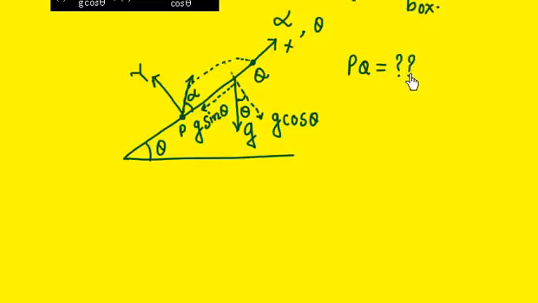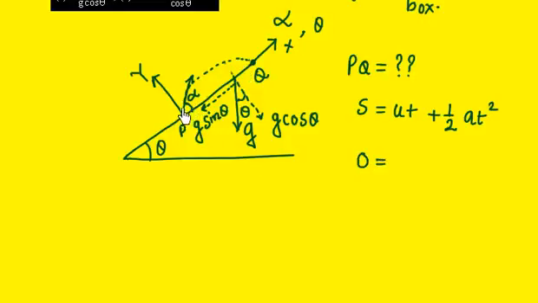To proceed, we can write an equation in this direction, and an equation in this direction. So if I write s equals ut plus half at square, let us say in the y direction. What is the distance traveled in the y direction? Initially the y coordinate is 0, finally the y coordinate is 0, so in the y direction there is no distance traveled.